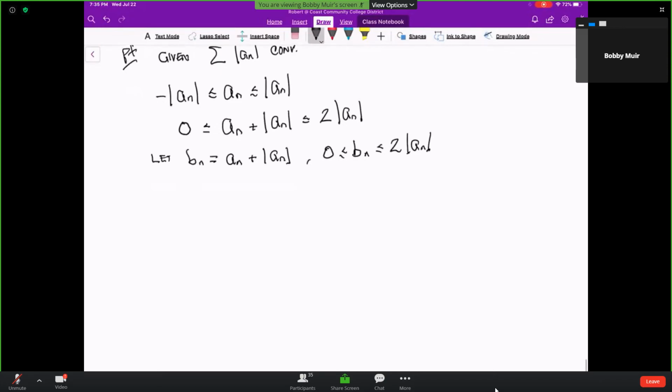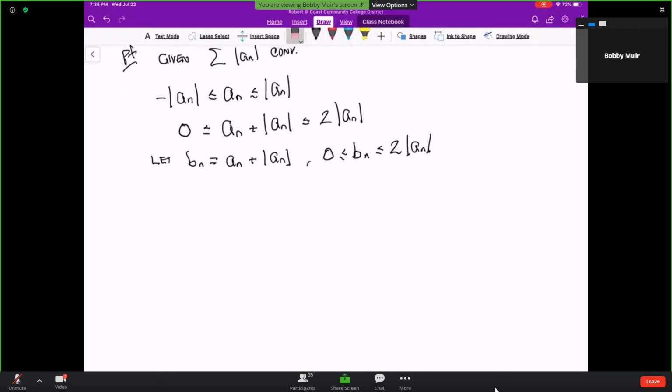Now, because it's absolutely convergent, this adds up to something, is convergent. So what does that tell you? It tells you that the BNs are convergent.